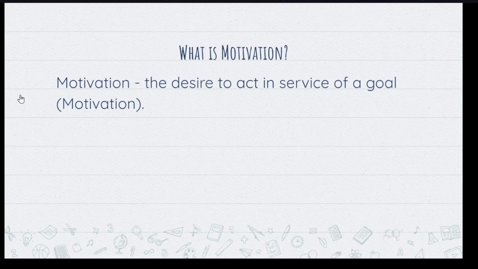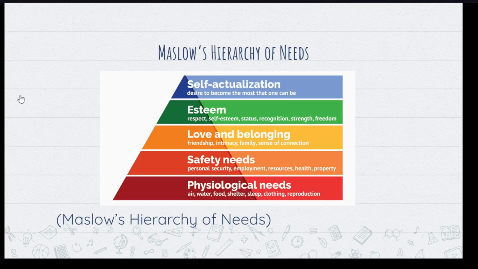Next, motivation. So this is a basic definition of motivation. It's the desire to act in service of a goal. Very simple. So they also talk about Maslow's hierarchy of needs. Basically, it's split into a pyramid of 5 things, from physiological needs, such as air, water, and food, to self-actualization, like the desire to become the most that one can be.